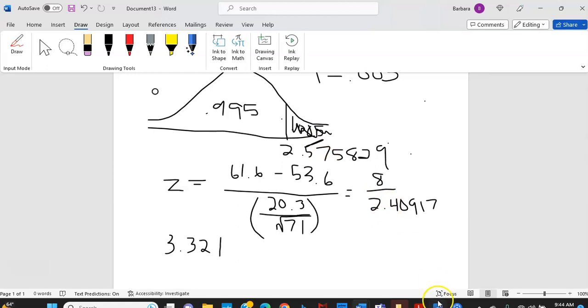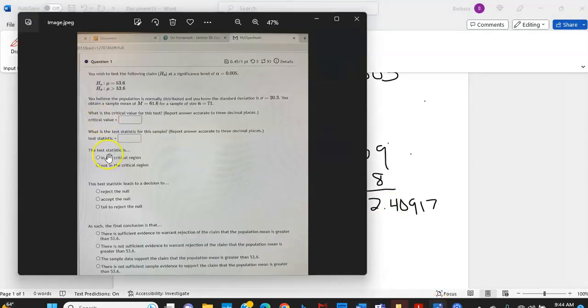So the test statistic is in the critical region. We're going to choose that one: the test statistic leads to a rejection of the null. If it's in the critical region, we reject the null. Our final conclusion is that there is enough evidence to reject the null, or we can say there's enough evidence to support the alternate.